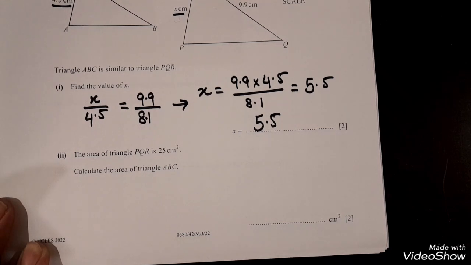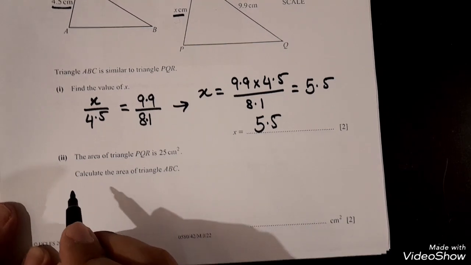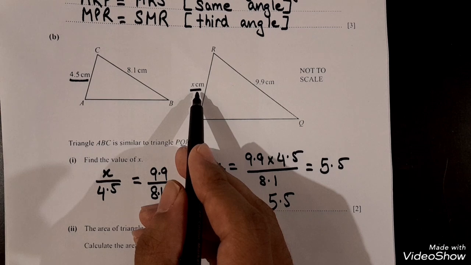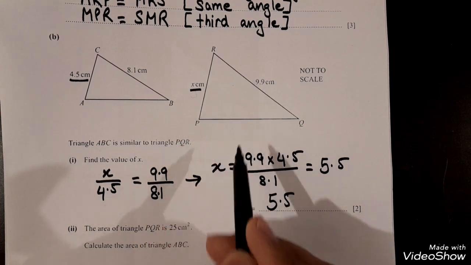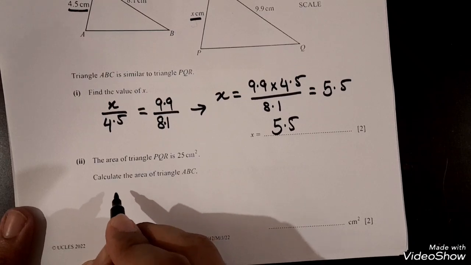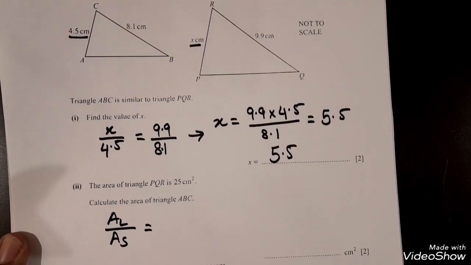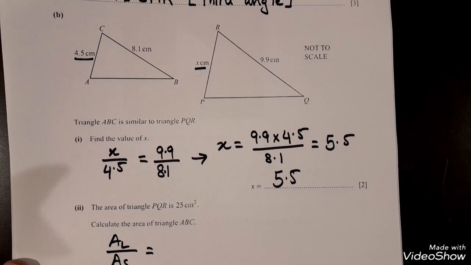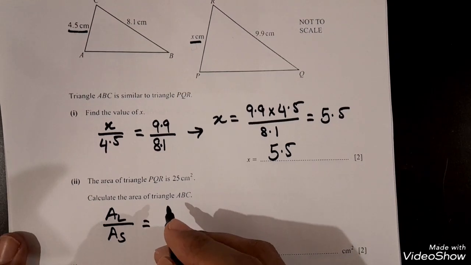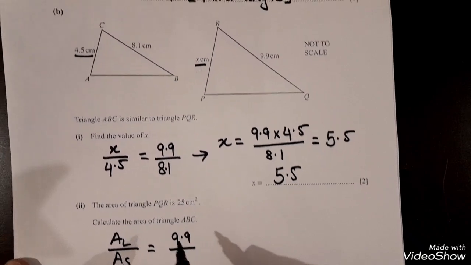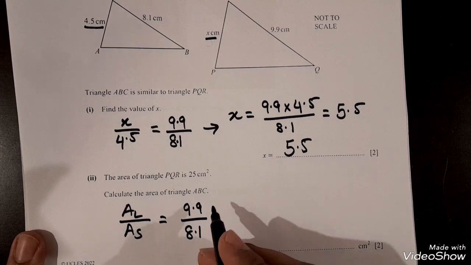Now what we will do is area of L divided by area of small is equal to, because we don't have the full length of this, we will write the length we have, 9.9 divided by the smaller length, which is 8.1. So 8.1, we will do this square.